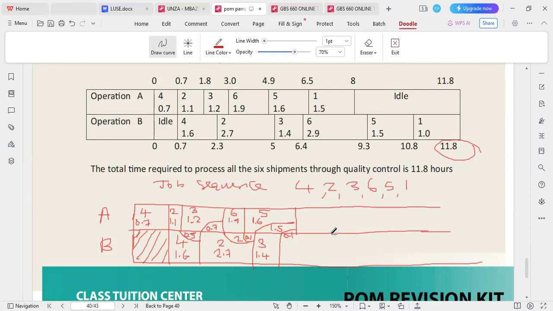Okay, so job 6 is taking 2.9, meaning that this one is taking 2.8 hours longer.